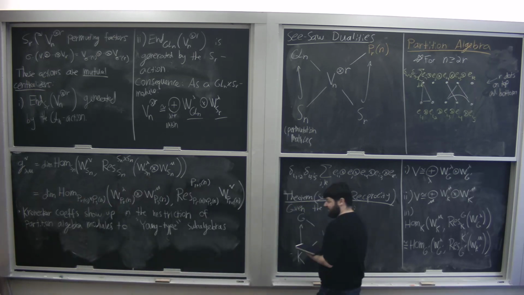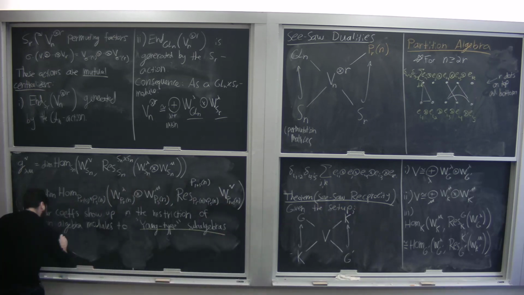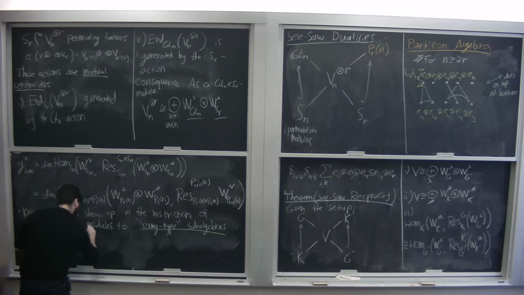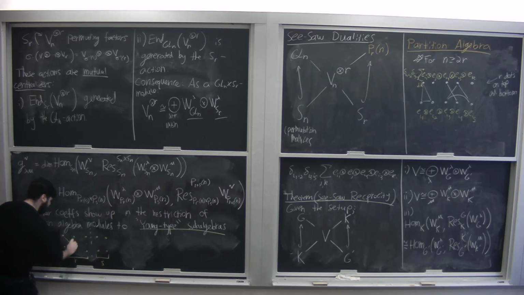And I can draw you a picture of what that looks like. This Young type subalgebra is just saying I have diagrams where I've drawn a line between my first R and my last S dots, and I'm not allowed to cross that line. So essentially I have two pictures, one for P_R, one for P_S, that are just juxtaposed together.